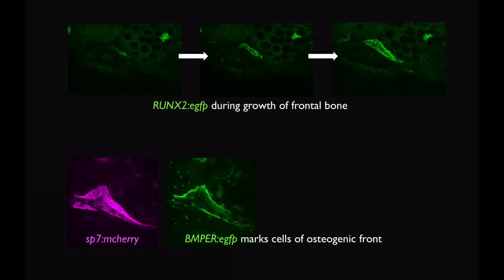In one case, the RUNX2 transcription factor, and in another case, the BMPER gene that encodes an extracellular modulator of BMP signaling. Both of these enhancers are active in precursor cells at the edges of the growing frontal bones.